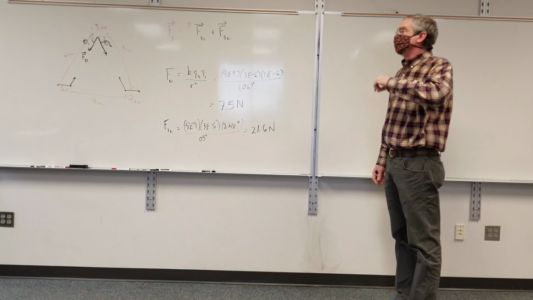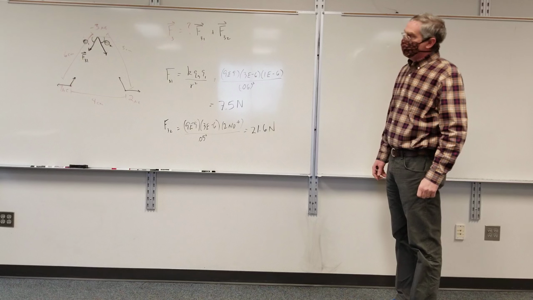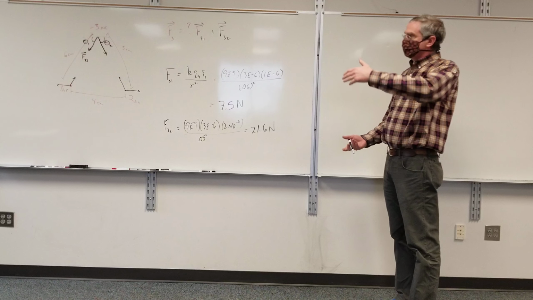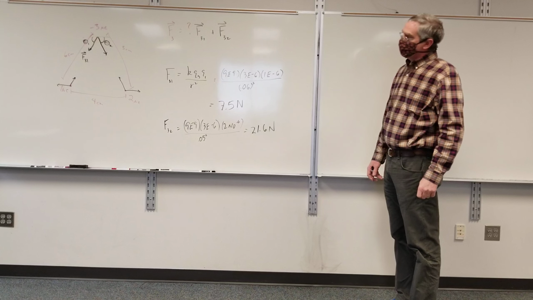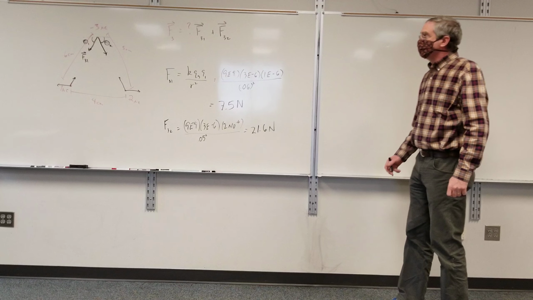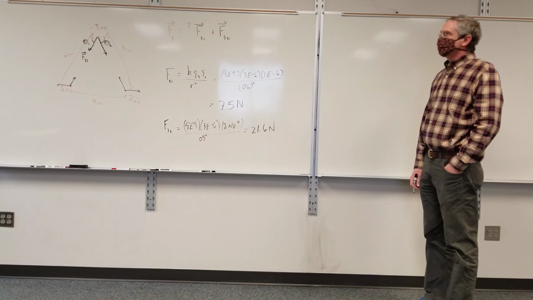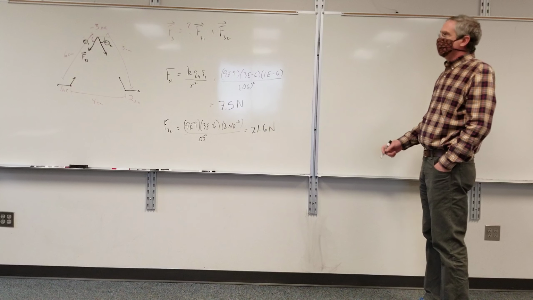Well, there is another way of doing it that's not necessarily simpler, but we could shift our coordinate system so that I don't need to know the angle between those two. But we're here now. So how would we find those?